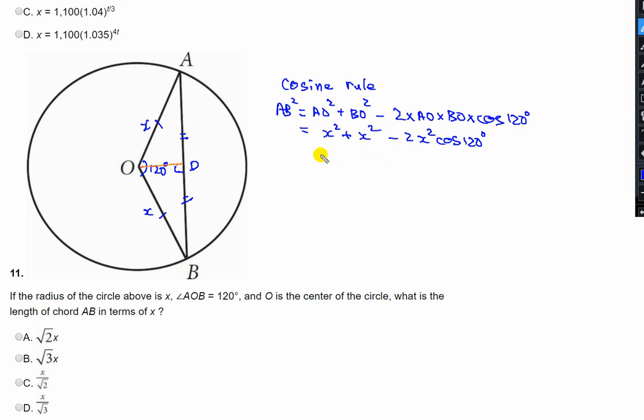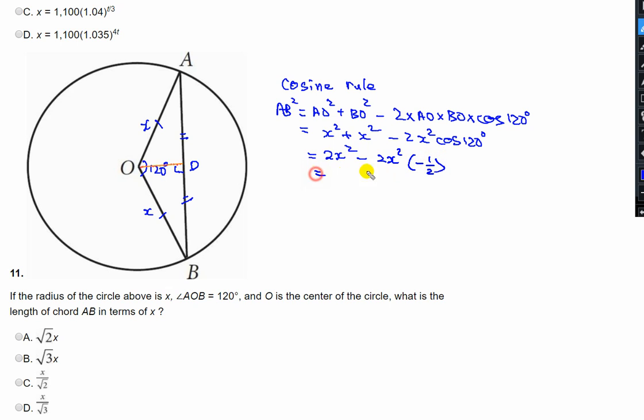Okay, you work out this x square plus x square, so there are 2x square. If you substitute cosine 120, you have a negative half. So it's minus 2x square times minus half.